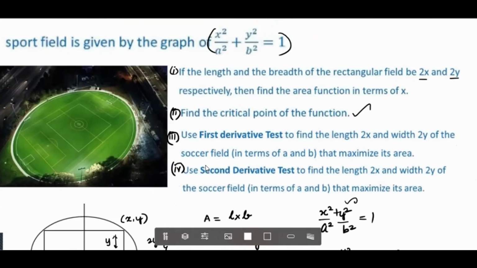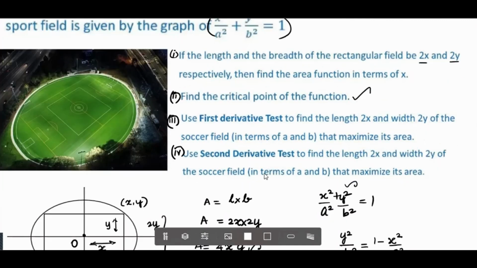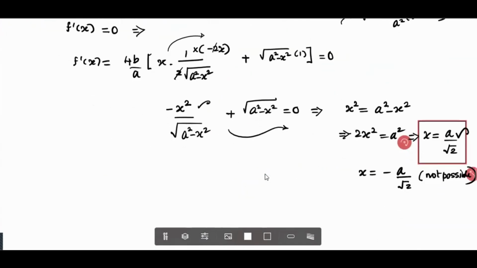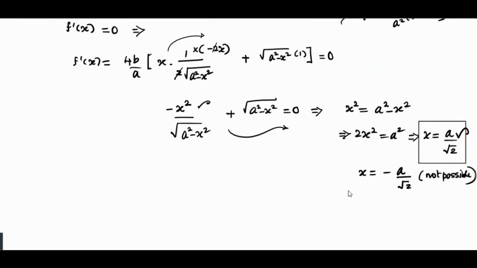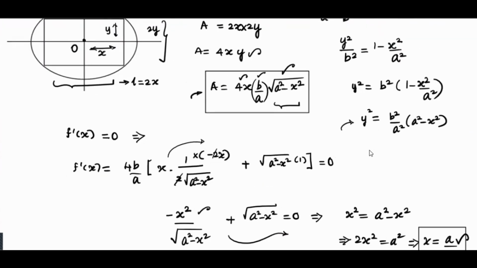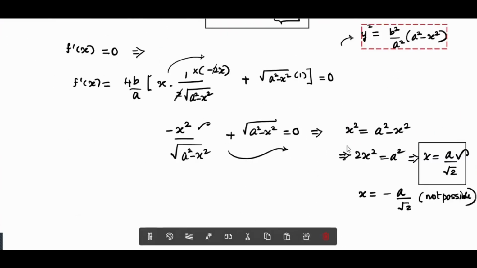For the third subdivision, use the first derivative test to find the length 2x and width 2y of the soccer field that would maximize the area. So if x is equal to a by root 2, we already had an expression for y in terms of a and x.